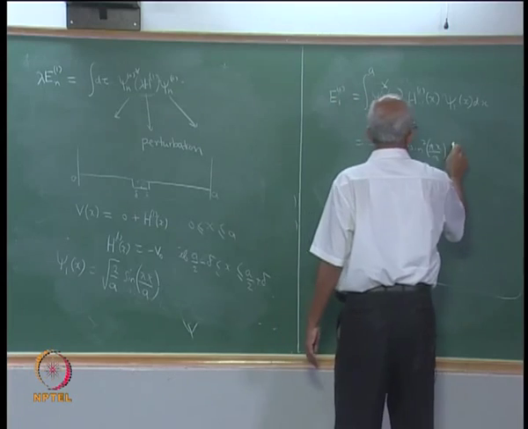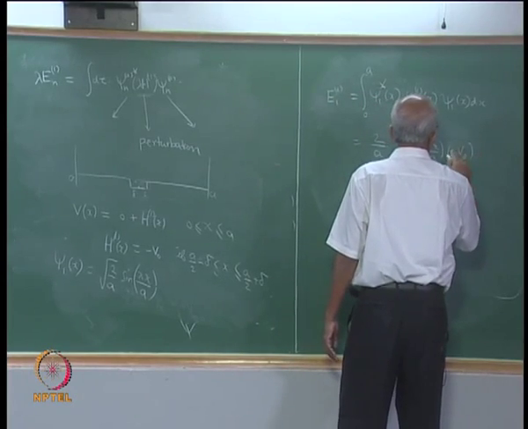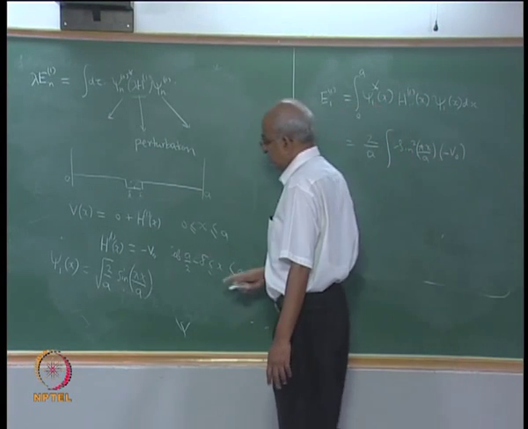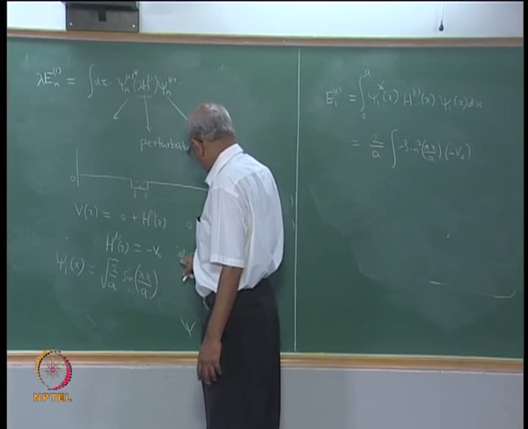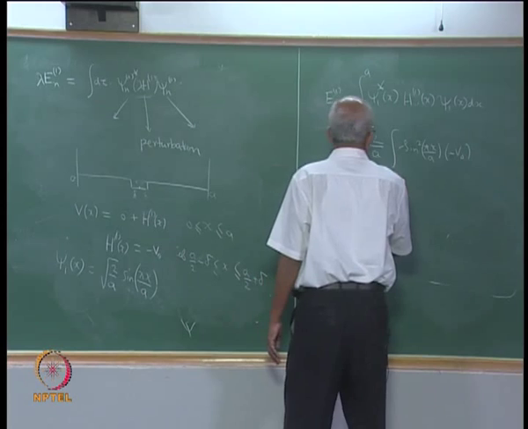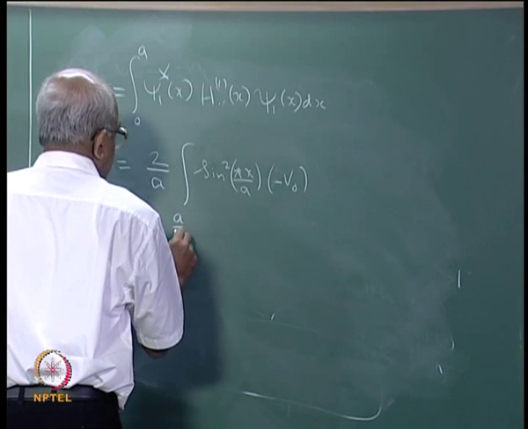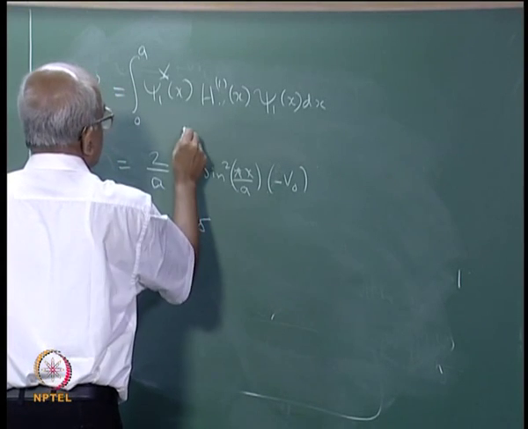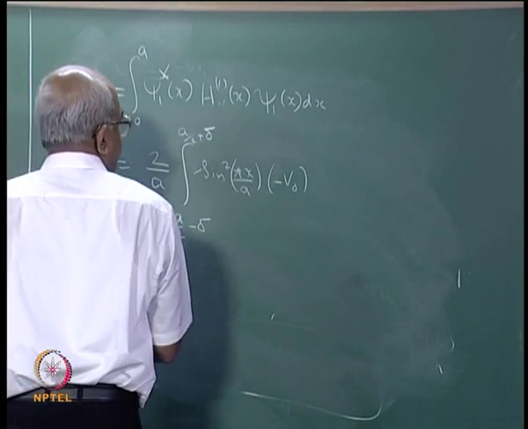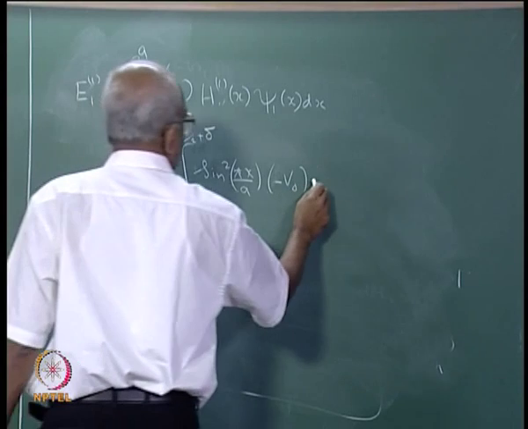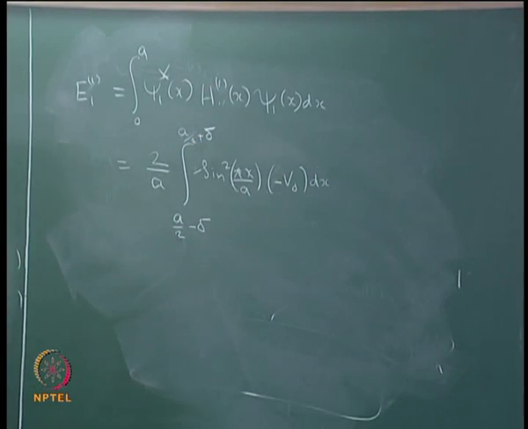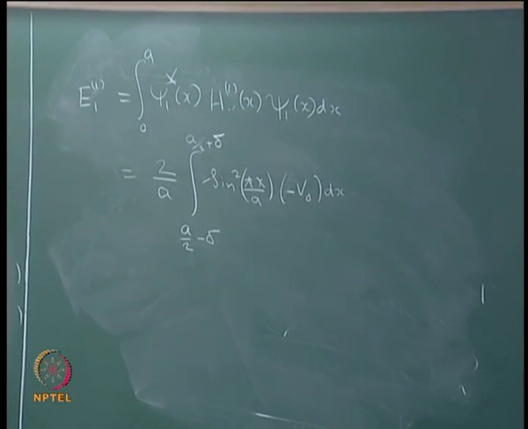H1 is actually minus V0, provided the x coordinate is between A by 2 minus delta and A by 2 plus delta, into dx. This will be the first order correction to the energy.